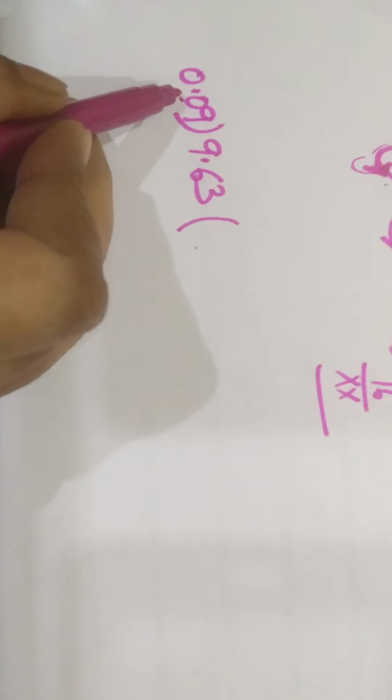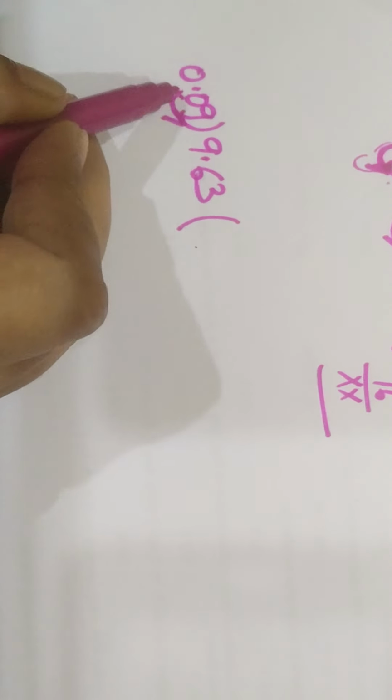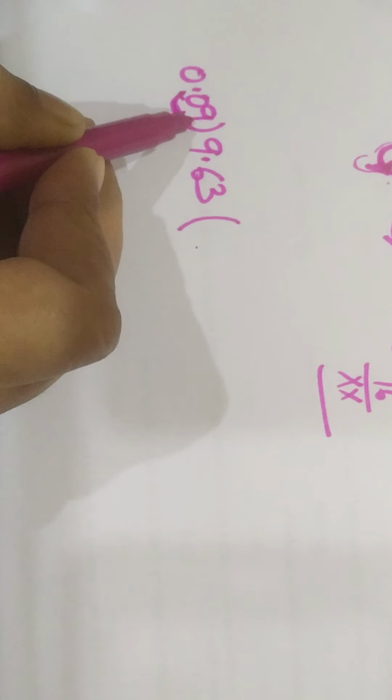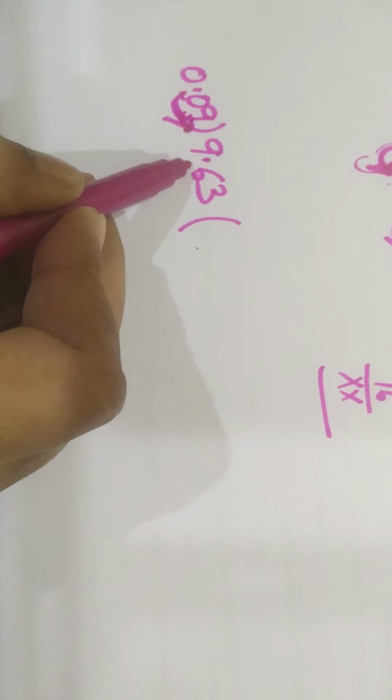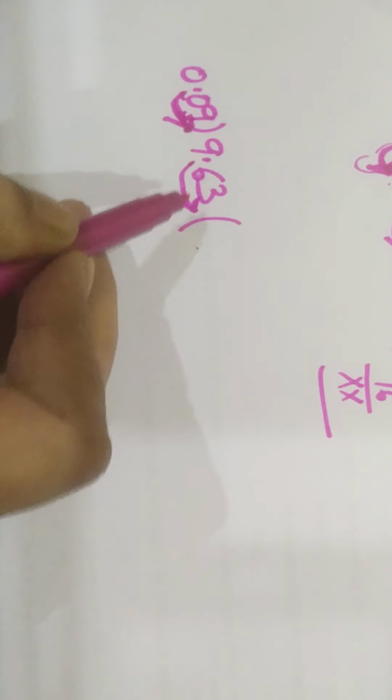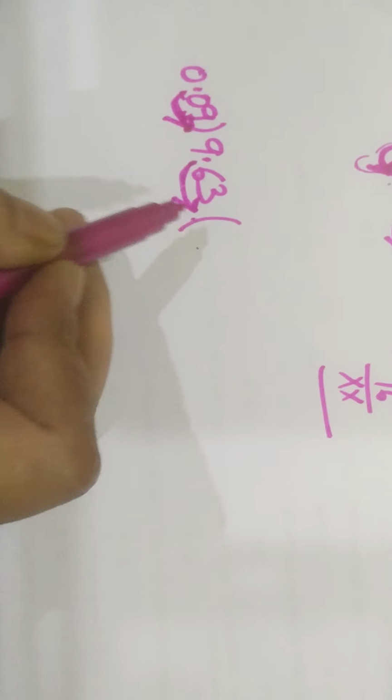Second example was 9.63 divided by 0.09. So here two decimal places are here. We shift the decimal, slide it to the right by 2 places. So here also we slide the decimal 2 places.